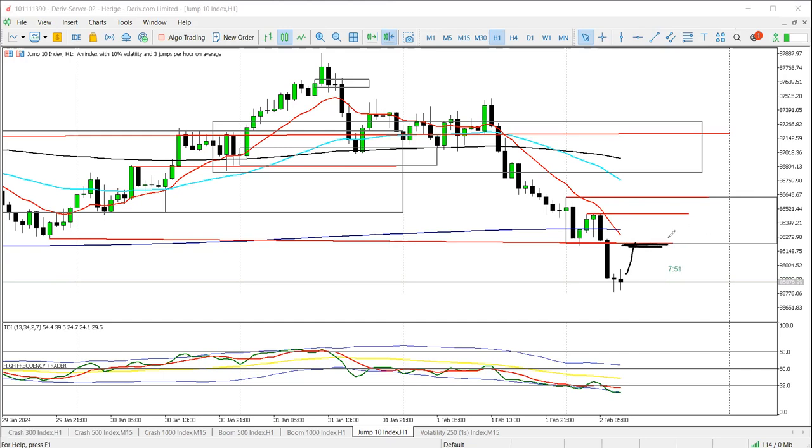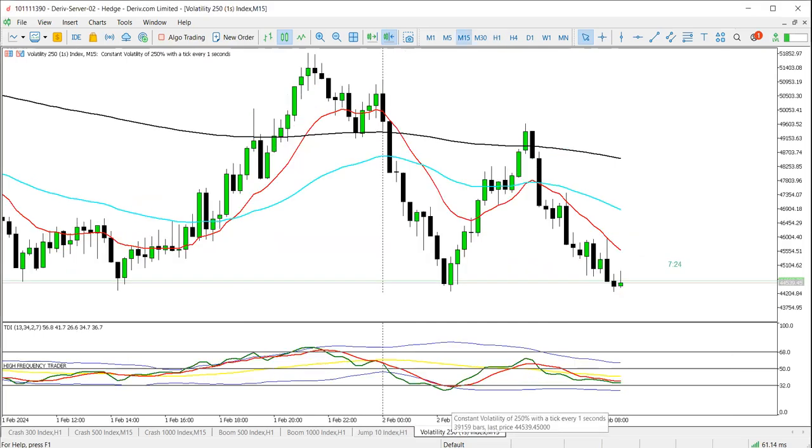That's where 86,200 is. If they don't stop here and they continue pushing up, we'll wait for a reaction here and potentially here. But if they do something else, then that will be another setup forming, because now this will be a peak. This will be an order block which has been broken, and price could now actually push up. Those are the two possible scenarios which we're looking at on Jump10.